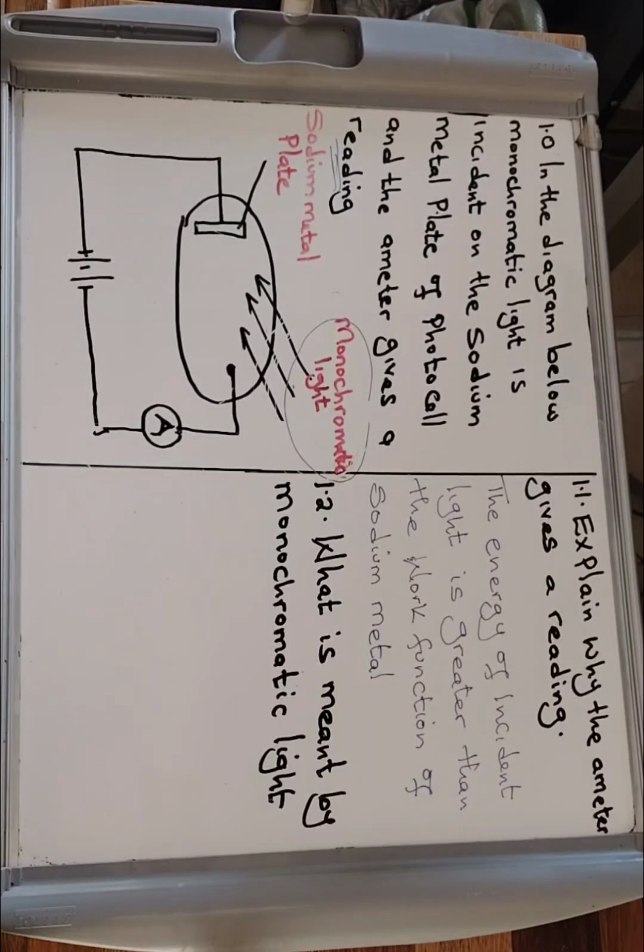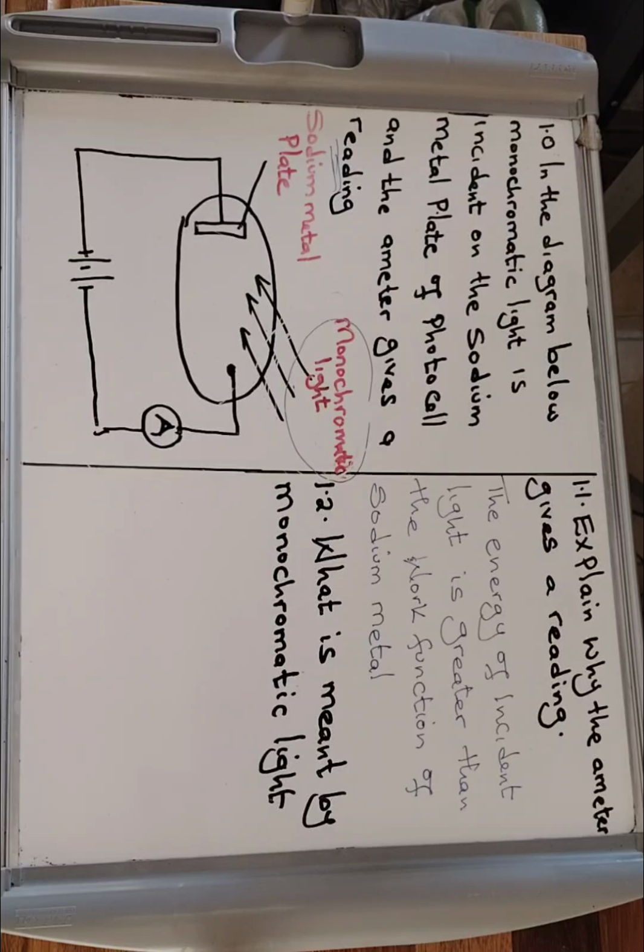Now, in science, what is important you have to remember is that scientifically, when you talk about a color, it means a particular wavelength, or it means a particular frequency. So then when you go back to the word, what does it mean? Monochromatic light means light of single wavelength or light of single frequency.